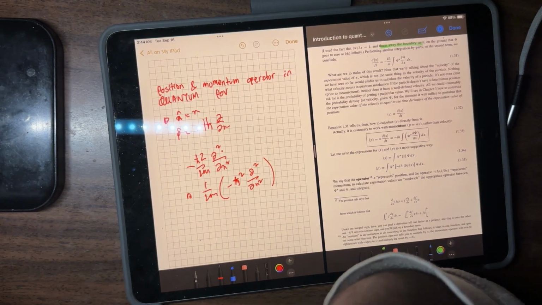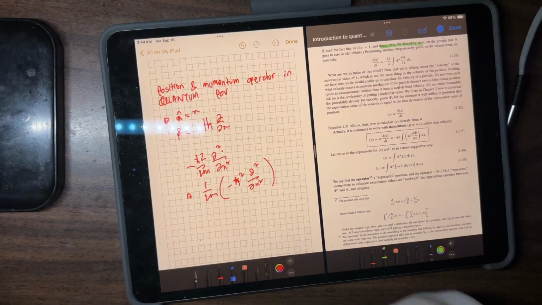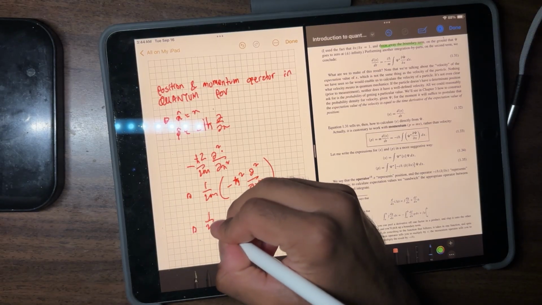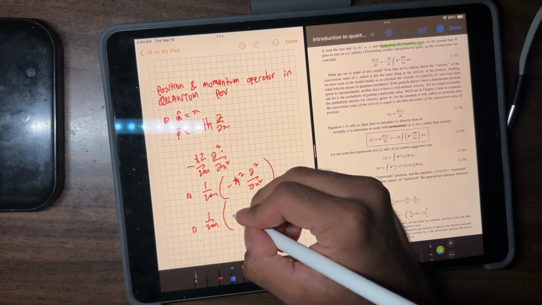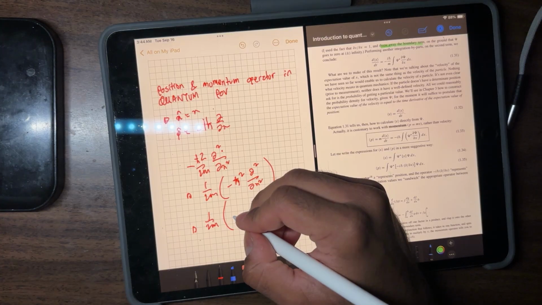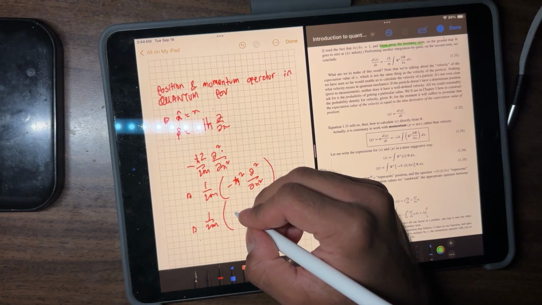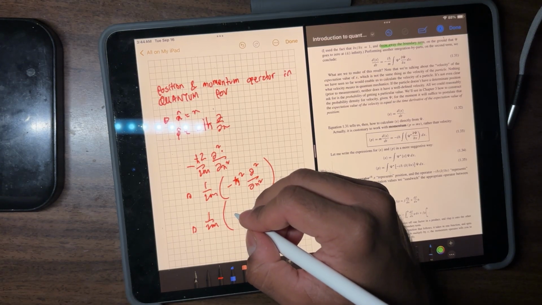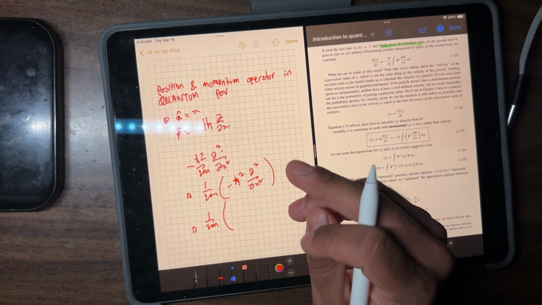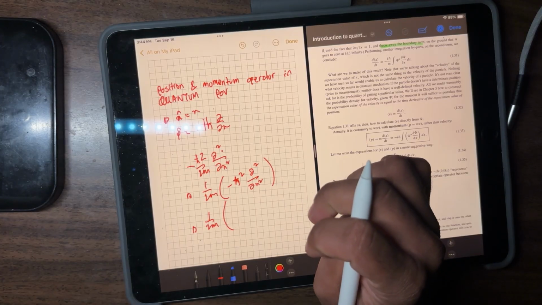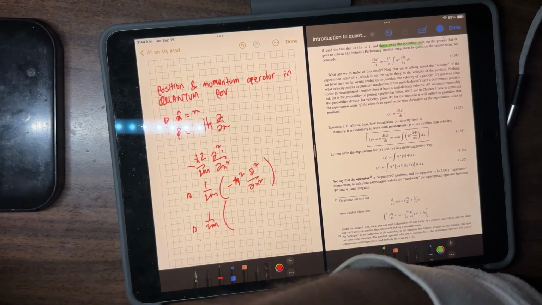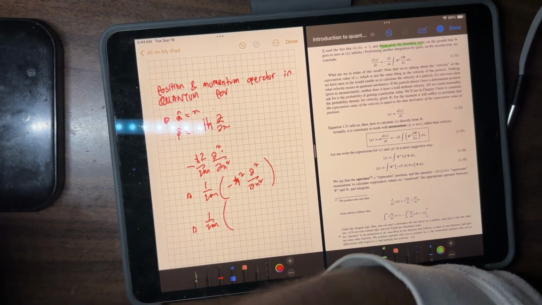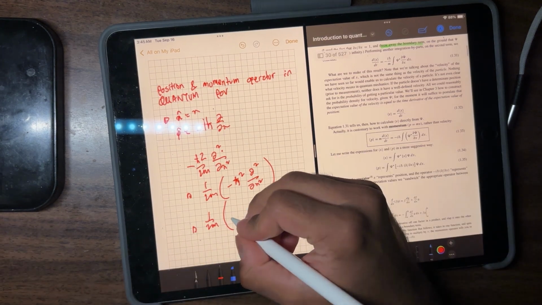But since we have minus h bar square, this is simply 1 by 2m times minus iota times minus iota, which is iota square. Because wait, iota square is minus 1.